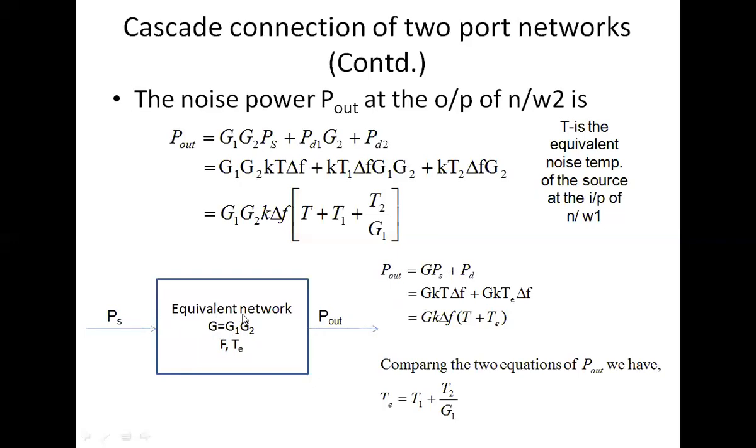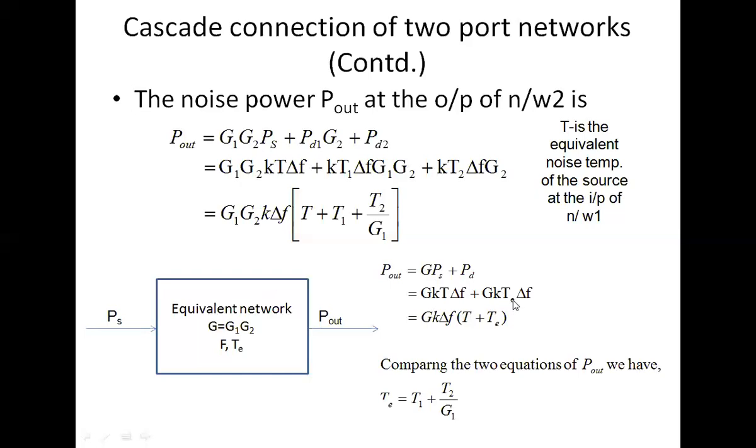What is PD now? This is the noise power introduced due to the device. Which device is this? This is the equivalent device which comprises both device 1 and device 2, or network 1 and network 2. So this is now G times KT delta F plus G times KTE delta F. Once again, what is G here? G is the product of G1, G2. And what is TE?